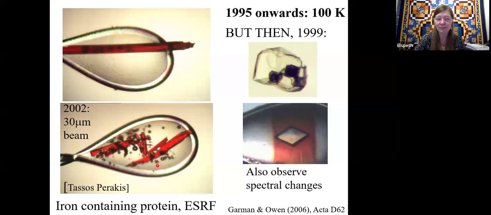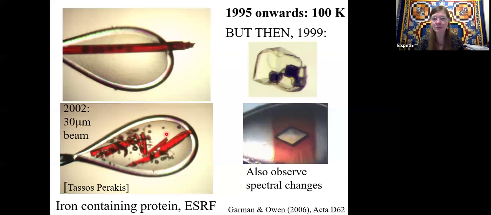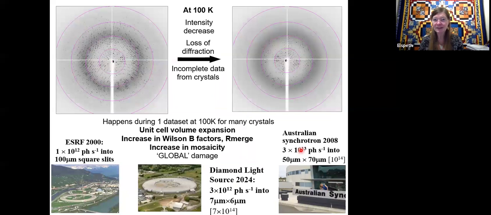And then when you warm up the crystal, you can see that the radicals produced by the X-ray beam absorption have caused gas to come off, and the whole crystal breaks up completely into smithereens. And we see spectral changes as well. We also see the dimming of the high resolution reflections again, and some other features as well.